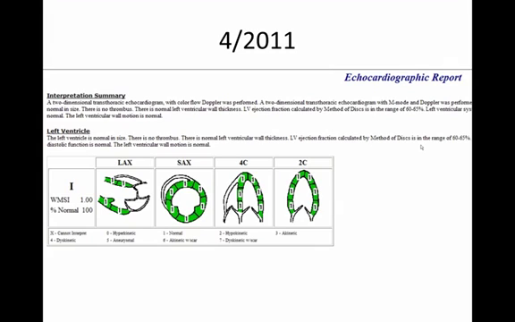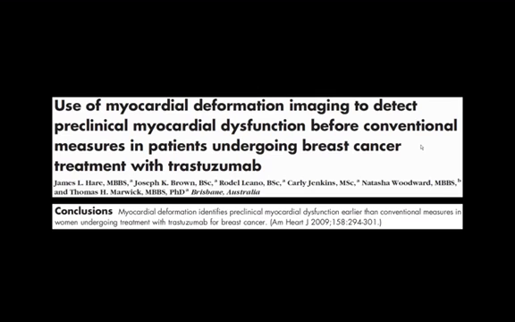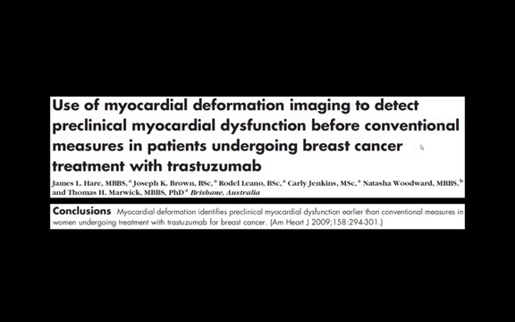And the most common thing you've seen in the literature is how we are using strain to then predict dysfunction. And obviously, most of you are familiar with the first time that was published, by the group of Dr. Marwick in 2009, using myocardial deformation.